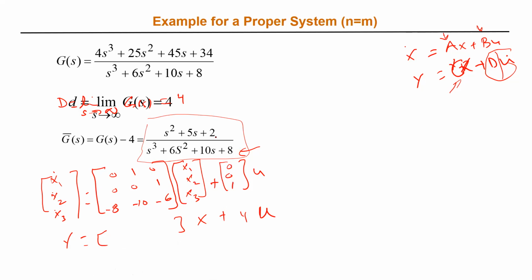And the C matrix is going to be the numerator coefficients in reverse order, so 34, 45, 25 (after subtracting D). And this is your system.